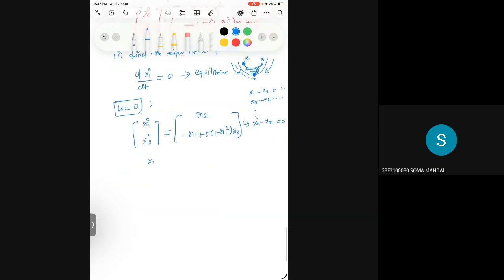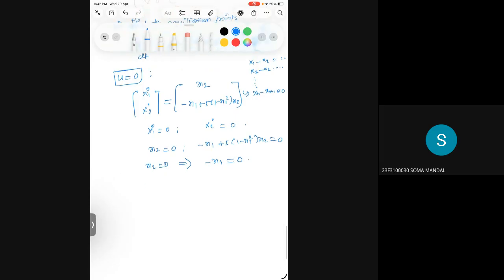If I set x1 dot equal to 0 and x2 dot equal to 0, then I get x2 equal to 0 and minus x1 plus 5 into 1 minus x1 square into x2 equal to 0. So ultimately x2 equal to 0. Substituting this here gives minus x1 equal to 0. So the equilibrium point is x1, x2 equal to 0, 0.